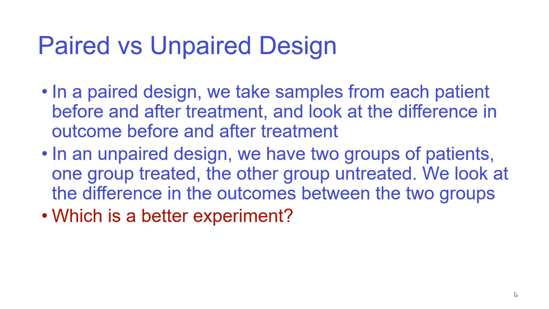Now, paired versus unpaired design. In a paired design, we take samples from each patient before and after and look at the difference. In an unpaired design, you have two groups of patients, one that you treat and the other is untreated. Which of these two makes a better experiment? Most of the time, it's going to be the paired experiment.